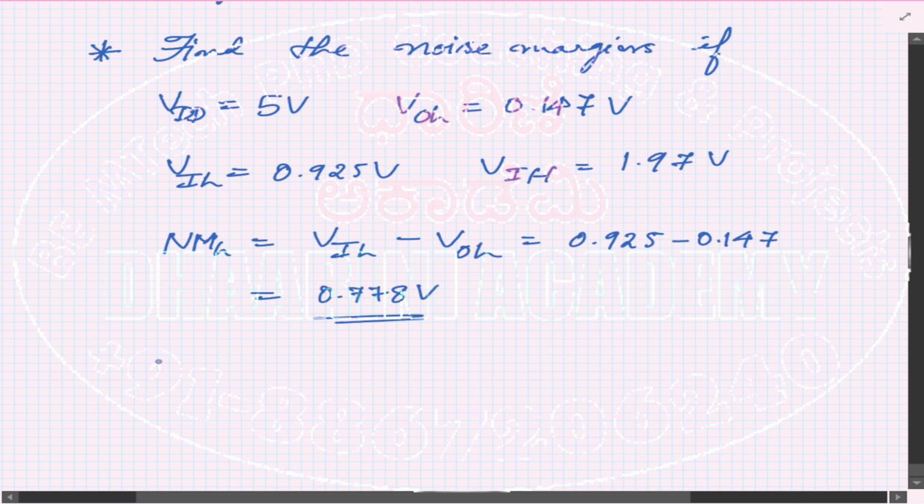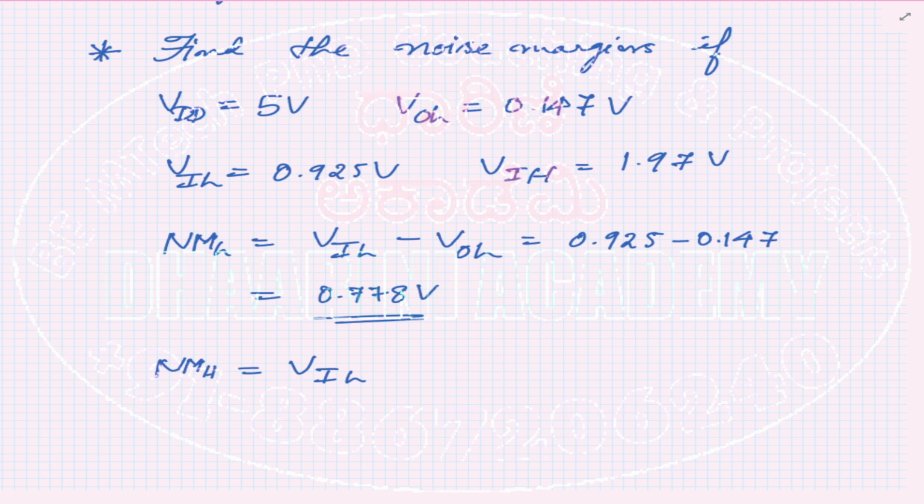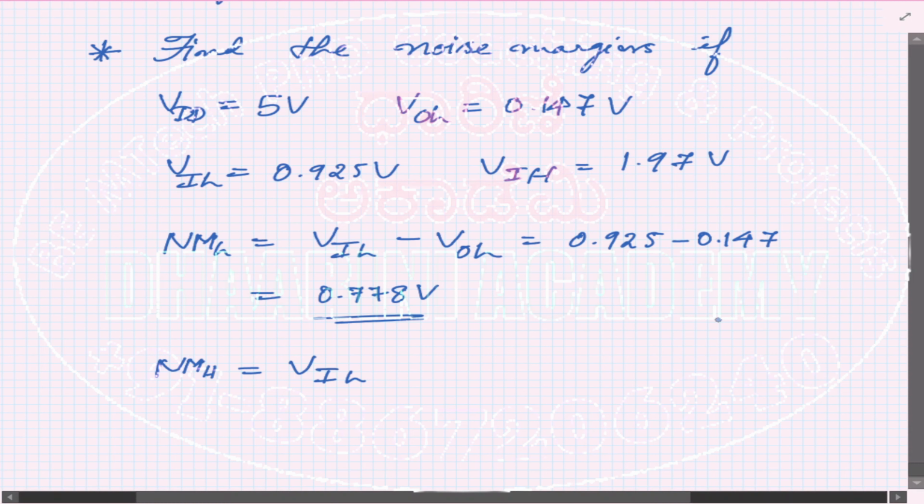All right. Then we need NM high. This is equal to VIL minus, sorry, my mistake. Just verify. VOH minus VIH. Sorry, I'll just correct.